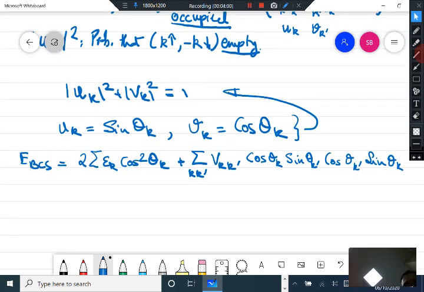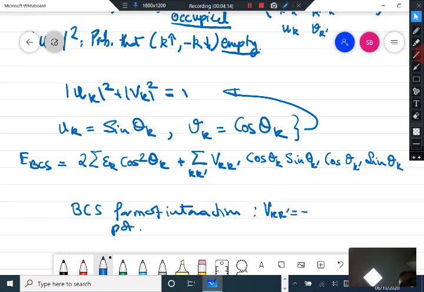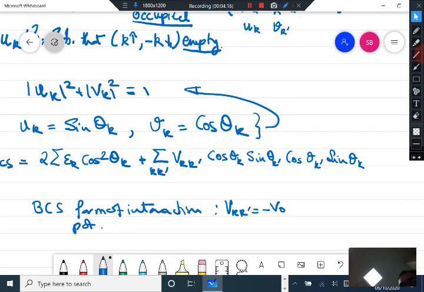Now we will consider the BCS form of the interaction potential, namely that Vkk prime is minus V naught for Ek, which is the single particle energy minus the Fermi energy, if mod of Ek is less than or equal to h cross omega d.